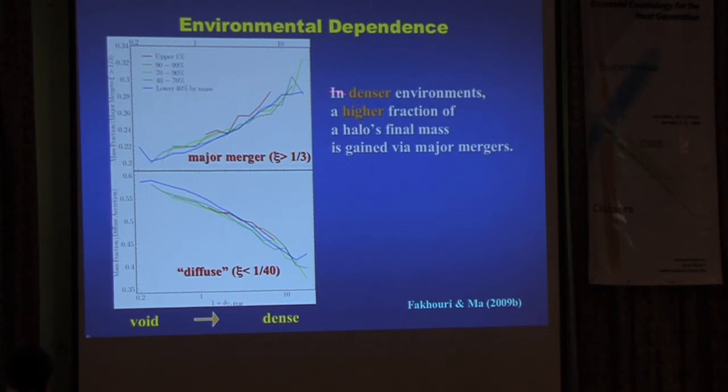So you see this positive trend here again that in denser environments, for a given halo mass spin, okay, each of the color curves is a mass spin for the final halo mass. But again, there's very, very weak dependence there. But the general trend is that for a given mass, in the denser regions, a higher fraction of the halo's final mass is gained via major mergers.